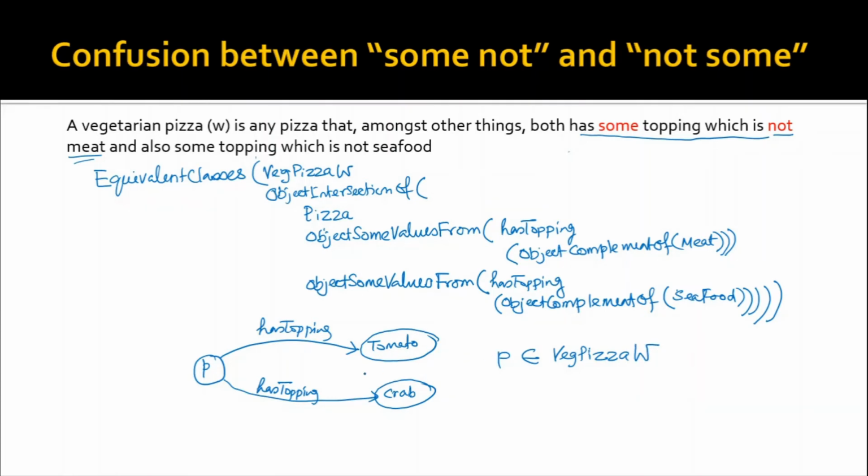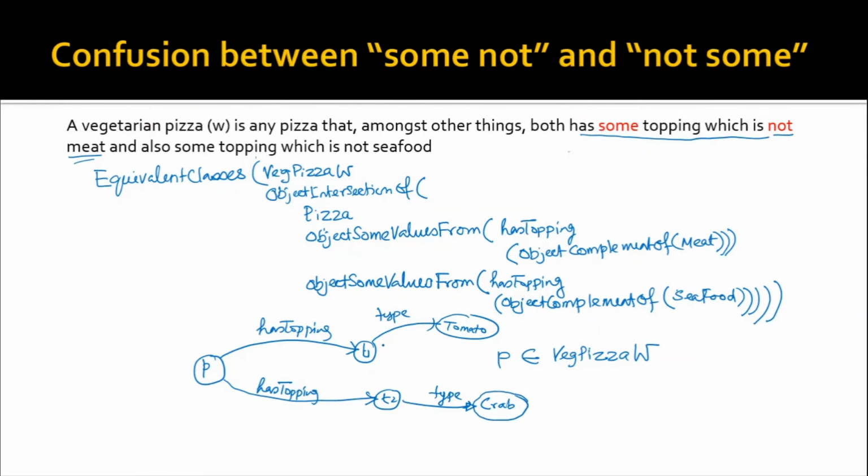Of course it would be, because you see these some values from will be satisfied if you have only at least one relation coming out of P which has got a value. Let's say it has got topping to be, say, T1, and T1 is of type tomato, right? And it is T2, and T2 is of type crab, right?